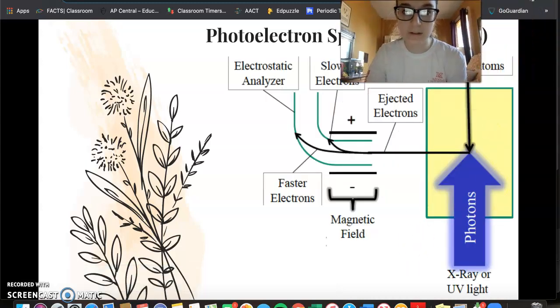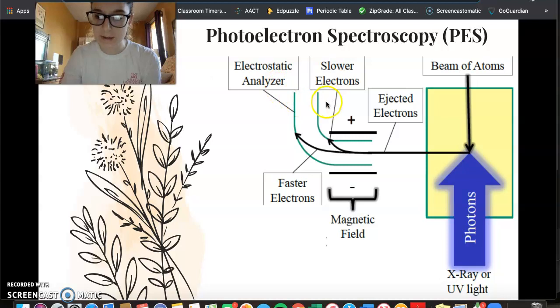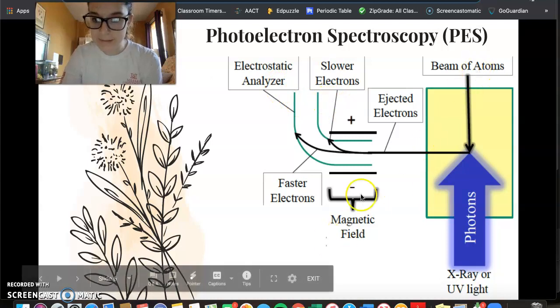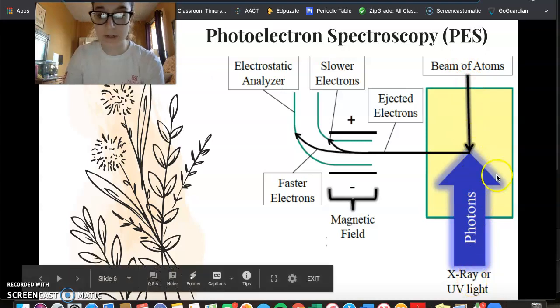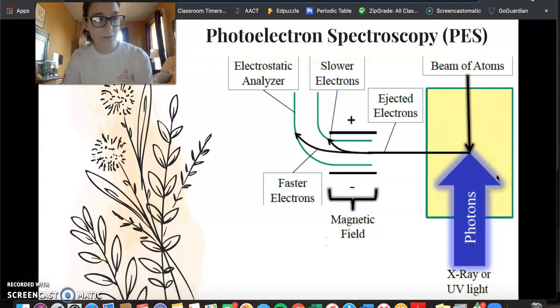So this is a little image of this analyzer, kind of what happens. We have a beam of atoms that is struck with a bunch of photons, typically X-rays or UV light. Then electrons are ejected. There's a magnetic field, so the negative plate will repel electrons and the positive will attract them.